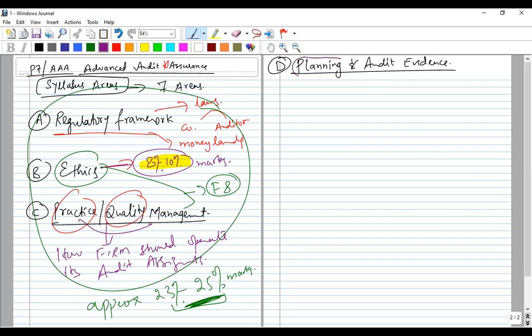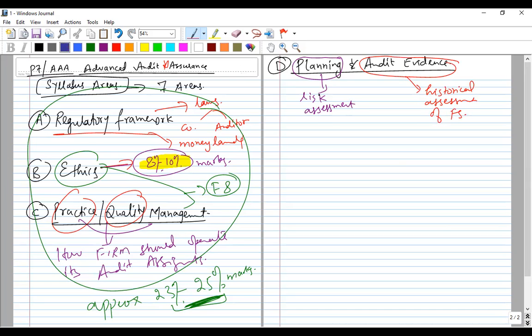In planning, the most important and frequently examined topic is risk assessment and audit evidence, that includes the historical assessment of financial statements.